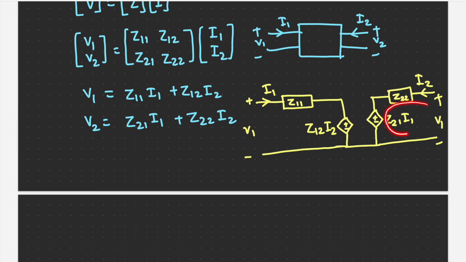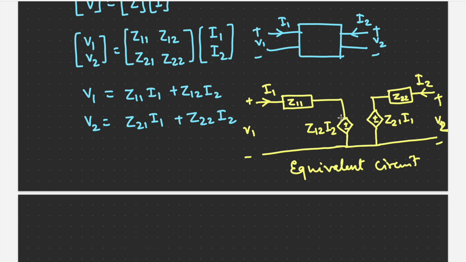And when you write KVL for this loop, it will be Z22 I2 plus Z21 I1, which is equal to V2, the voltage across port 2. So this is called the equivalent circuit of Z parameters. When we solve, we can convert any network into this form.